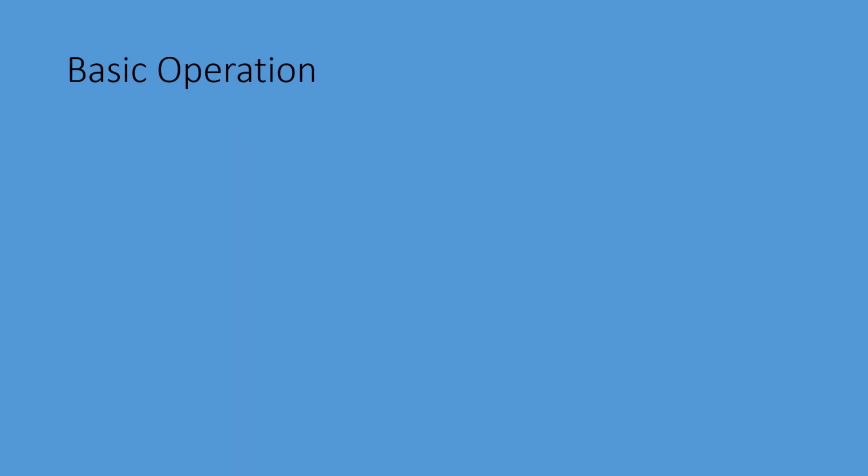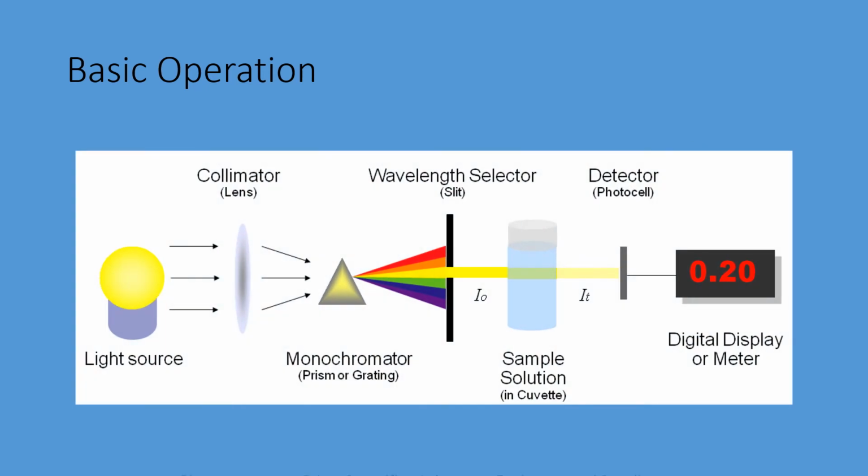Let us see the basic operation. See this picture. For the source of ultraviolet and visible light, two kinds of lamps are used as the light source of a spectrophotometer: a deuterium lamp for measurement in the ultraviolet range and a tungsten lamp for measurement in the visible range.